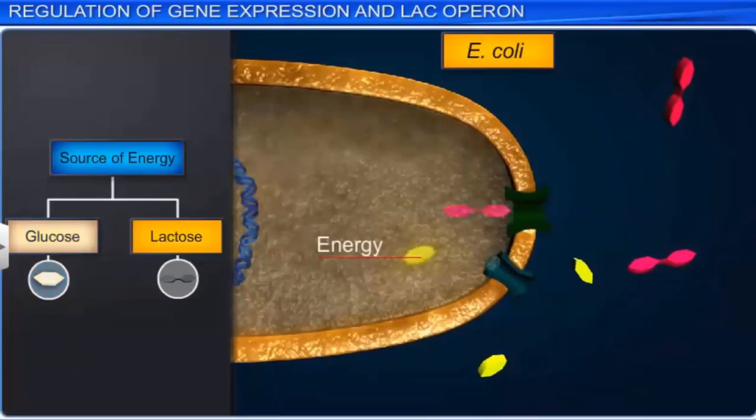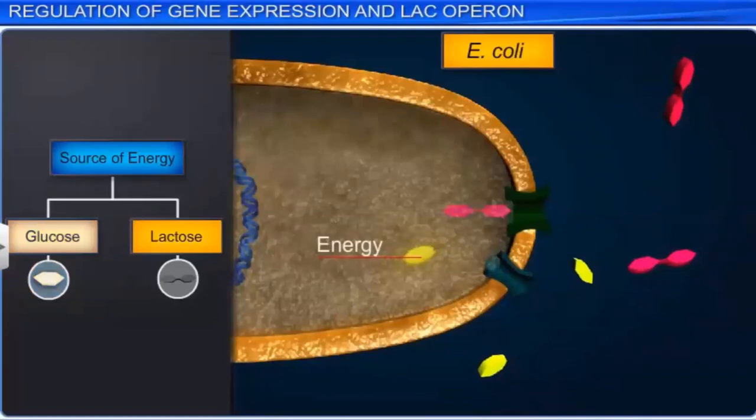The second thing is that lactose is the key point which triggers the process of gene expression, or the process of transcription followed by translation, in prokaryotes. We are talking about this lac operon model, which is given on the bacterium E. coli.